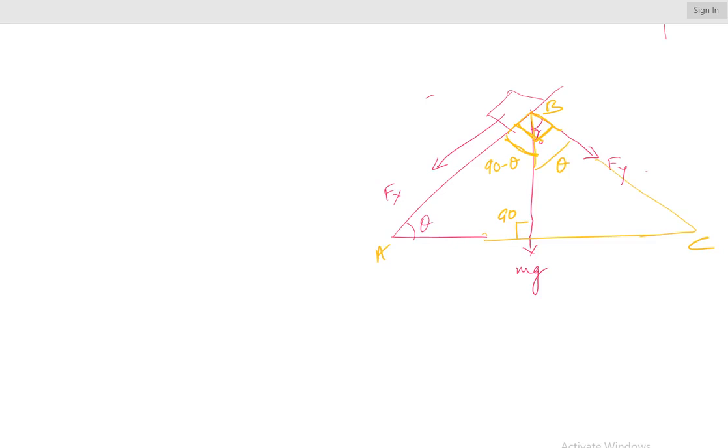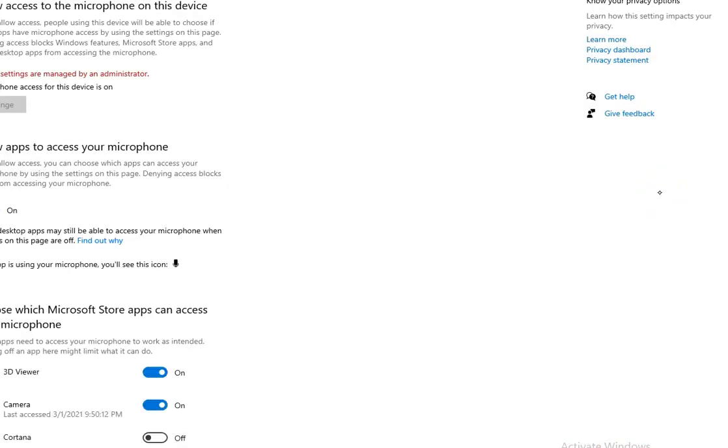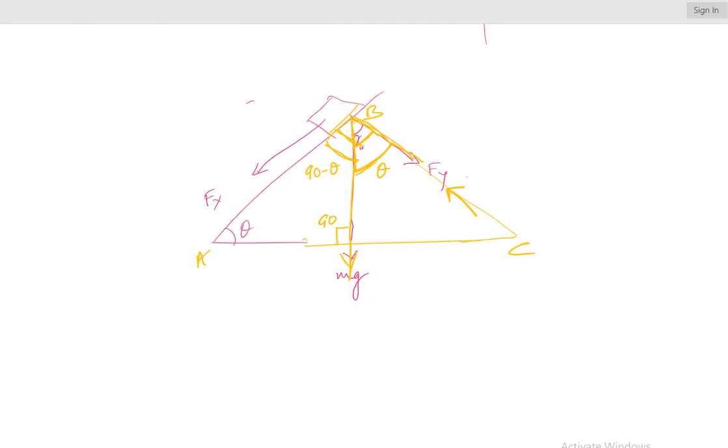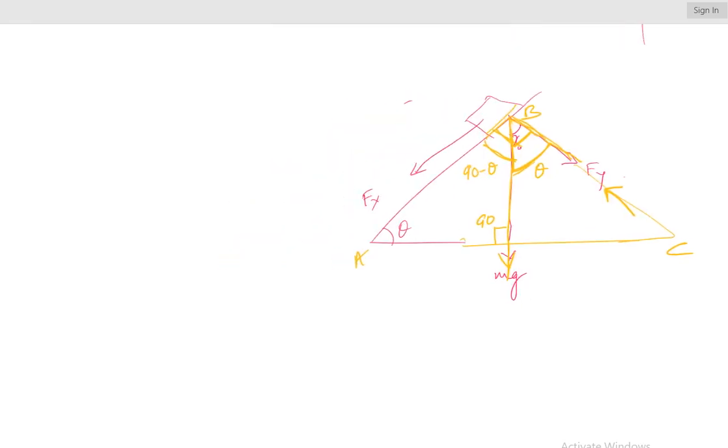So that is why the angle between the weight acting vertically downwards and this reaction is theta. Okay, so just remember this because we're going to use this quite a bit in this chapter.